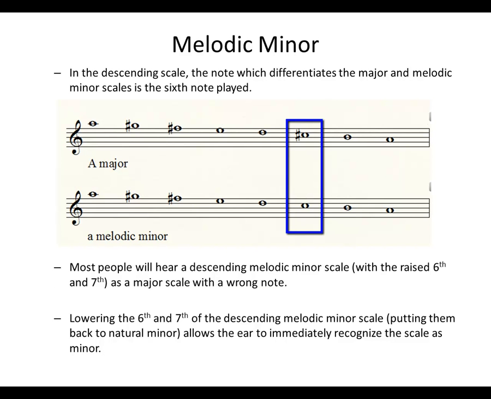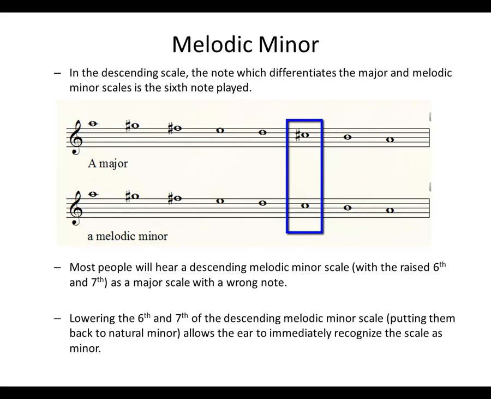In the descending form, however, the difference between an A major scale and an A melodic minor scale, if we kept the same notes as the ascending, are still going to be the same, except this time the note which differentiates the two is the 6th note.